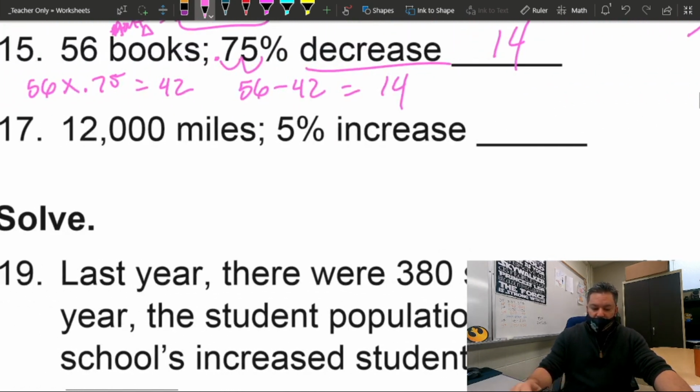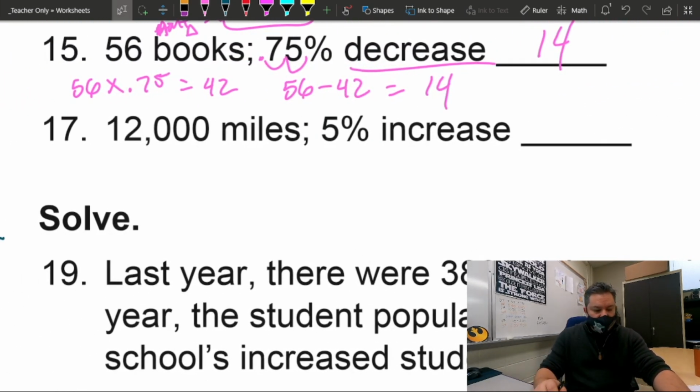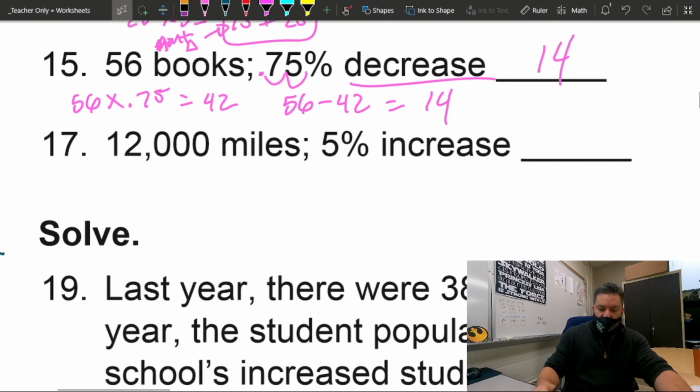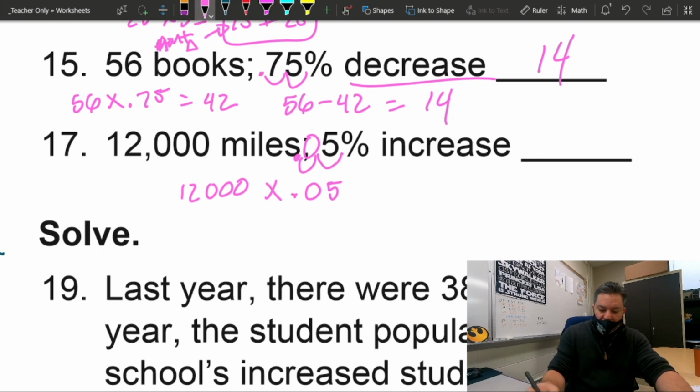2 more. Next one. Are we going to add or subtract? Very good. So we're going to convert this into a decimal. 1, 2. Put the decimal here. And what do you do to the empty spots? Add 0. So this becomes 12,000 times 0.05. What's 5 times 12? 60. And then you add these 3 zeros, that's 60,000. And from here, you're going to move 1, 2, which is going to be 600.